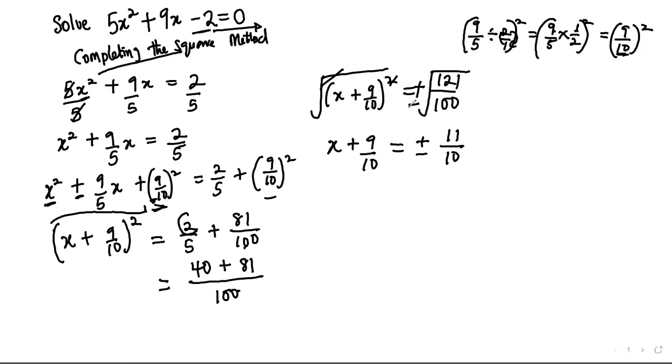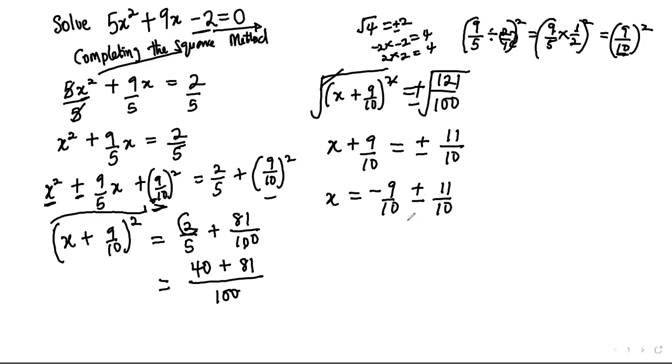Now you might wonder why we have plus or minus. The reason is that, when you have square root of 4, it's not just 2, it is plus or minus 2, because minus 2 times minus 2 will still give you 4, and 2 times 2 will still give you 4. Okay, so from here we have x, you take like terms, so x is equal to minus 9 over 10 plus or minus 11 over 10.